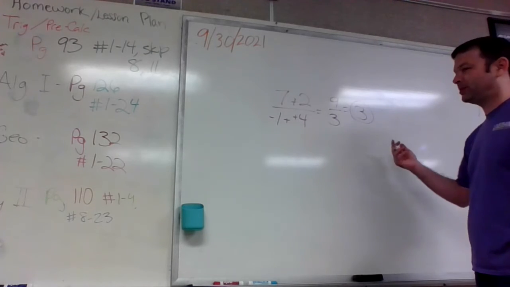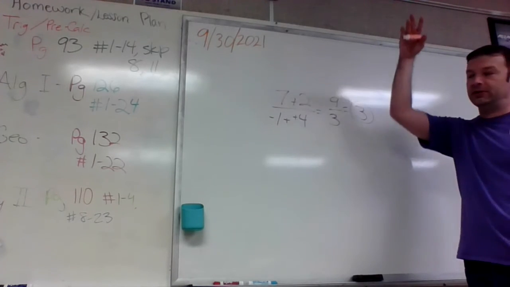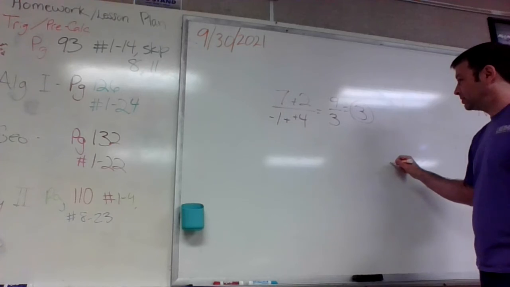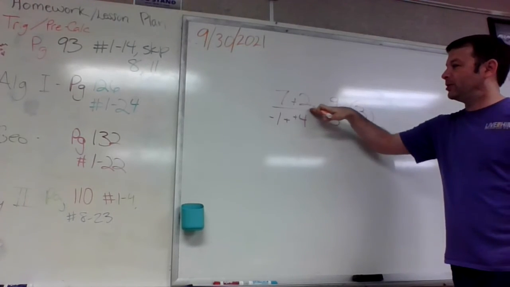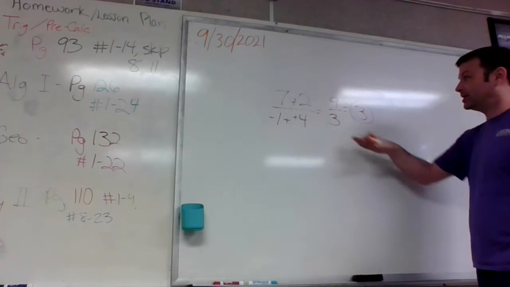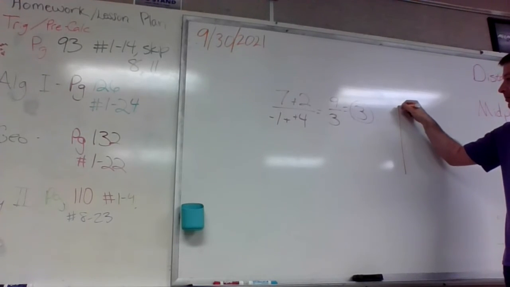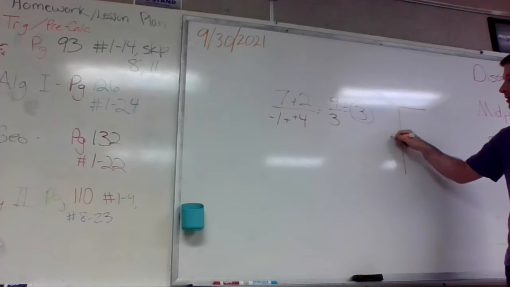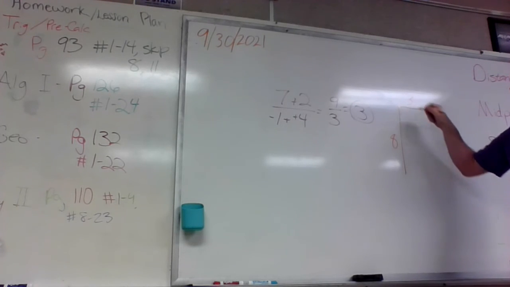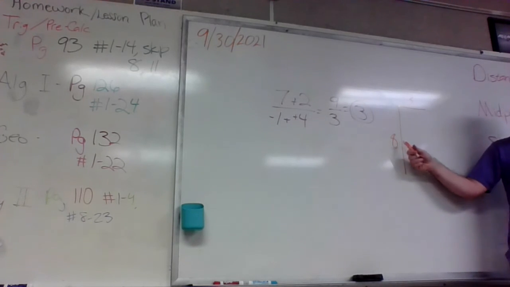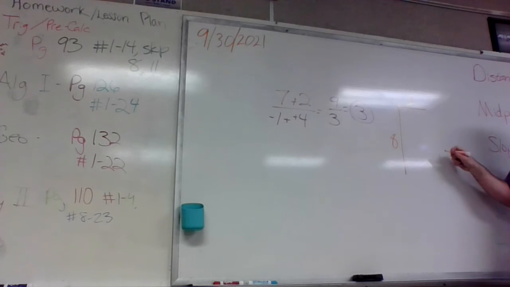Did you guys get that? Basically it went from negative 4 to 4 on the y value, so 4 minus negative 4 is 8. It climbs up 8, and then how much does it run? 3. So the slope is rise over run, 8 over 3.